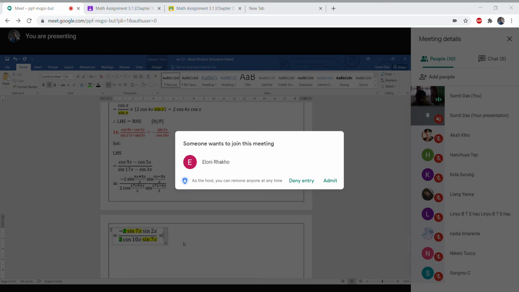If you simplify this, it will be minus sine 2x divided by cos 10x. So I hope, yeah, this answer is equal to the right hand side. Fine. So this is our answer.